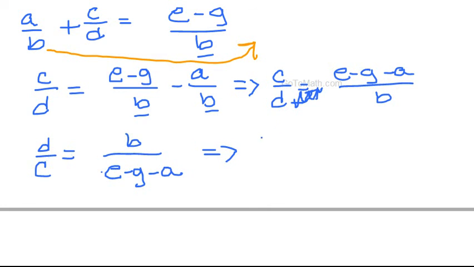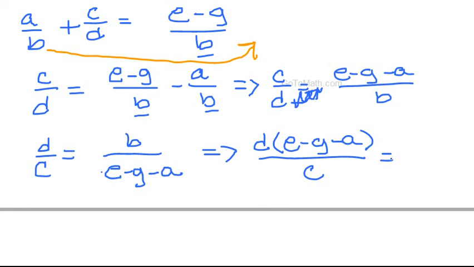All right, so we'll have D times E minus G minus A over C is equal to B.